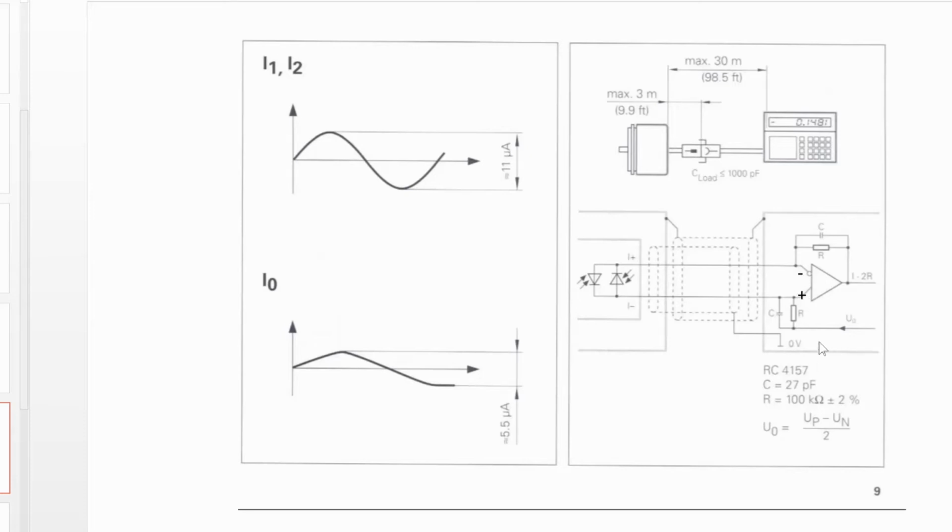So they give you all the values, and if you use a 100K resistor, you'll get a sinusoidal voltage. Now, for a lot of the stuff I do, 3,600 lines per rotation in 4x quadrature mode is going to give you 14,400 pulses. The upside of having more resolution is you have more resolution.